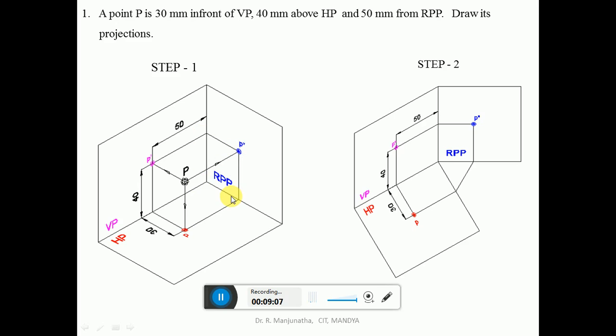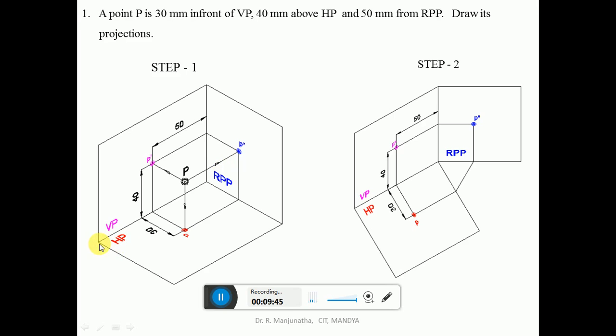Now, this is the three-dimensional analysis of a particular point, when the point is in space; we have considered all these things. When it is cut here and opened, that means HP is rotated down by 90 degrees. The right profile plane is rotated to the right side by 90 degrees, such that the vertical plane will be aligned with the right profile plane.